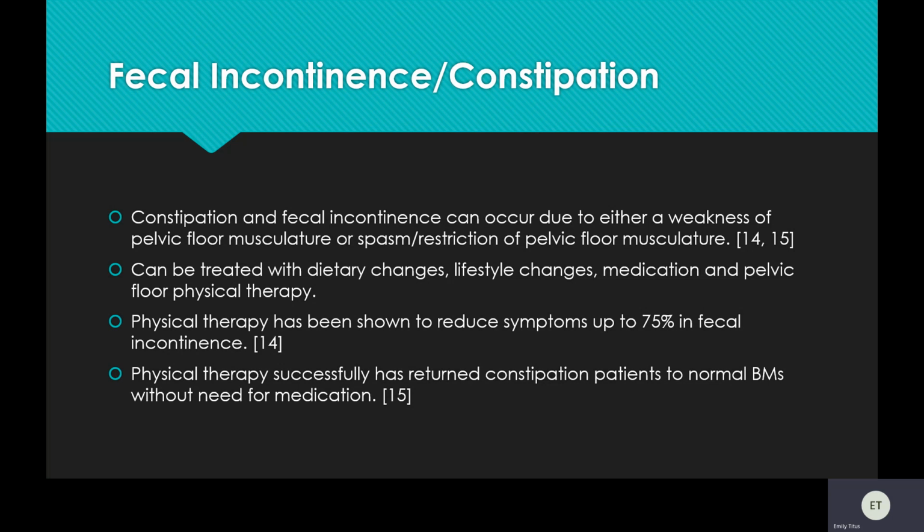So that's when you then leak feces. Constipation can be the opposite, where the levator ani muscles and the anal sphincter muscles are so tight, as well as the smooth muscles of the digestive tract being in restriction, that it produces constipation.